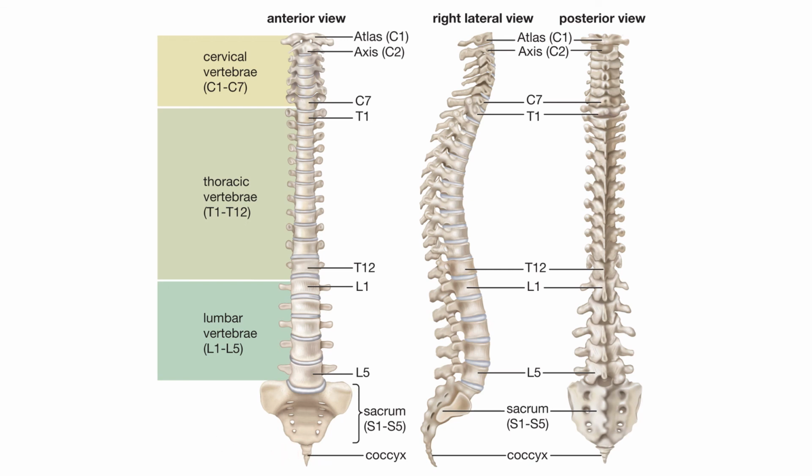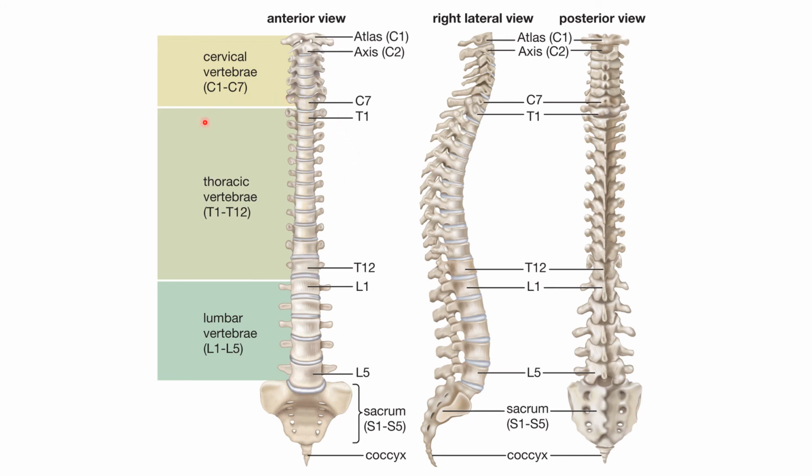So now you know the different regions of the vertebral column. Okay. So let's just review. We have the cervical, we have the thoracic and lumbar, the sacrum and coccyx. The cervical, you have 7 vertebrae, C1 to C7, where C1 is the atlas, C2 is the axis.